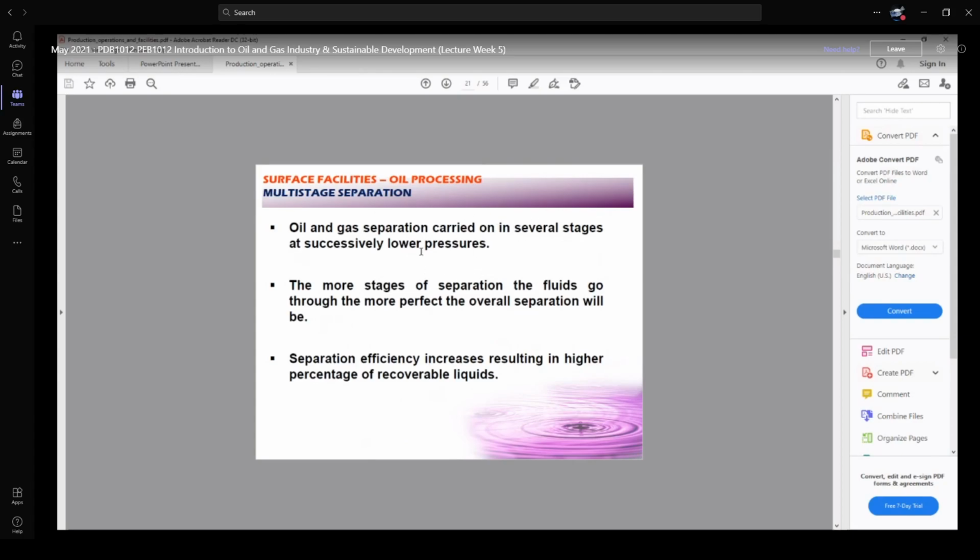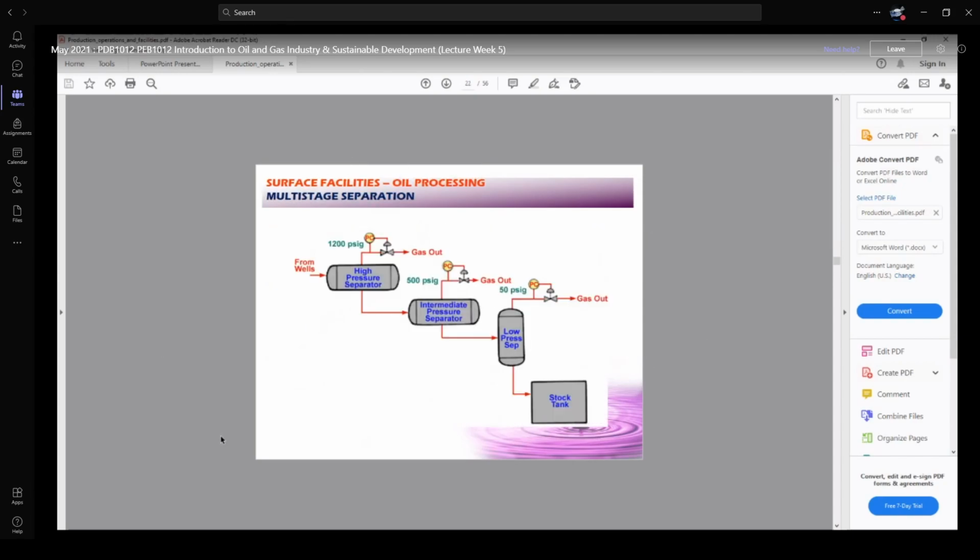So let's talk about multi-stage separation. In multi-stage separation, if there is a high pressure liquid gas stream coming to the separator, first it goes to this high stage, and some gas is going to come out from here.